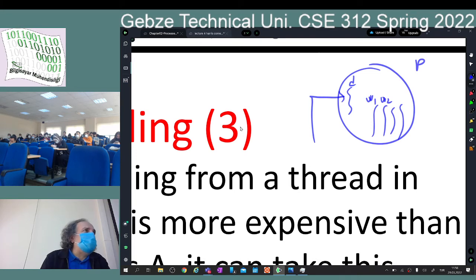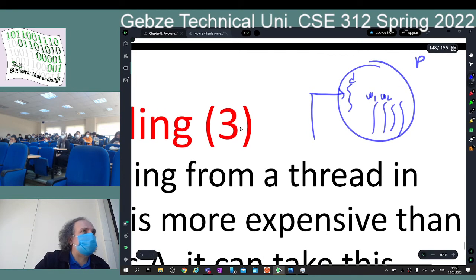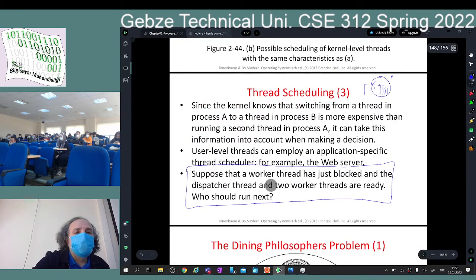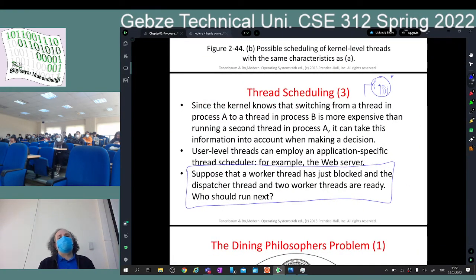So I can make these kinds of customized scheduling decisions if I am implementing my threads at the user space, not at the kernel space. Because if I handle it in the kernel space, the kernel doesn't know the difference between a dispatcher thread and the worker threads. So customized scheduling decisions are possible with user level threads, and we talked about this previously.